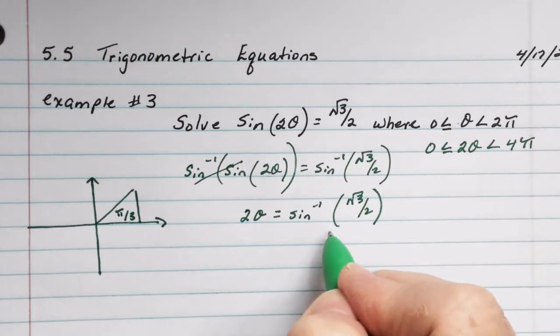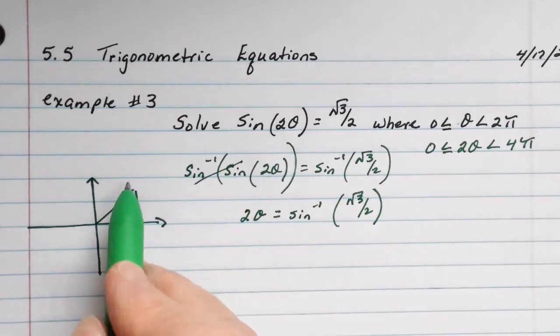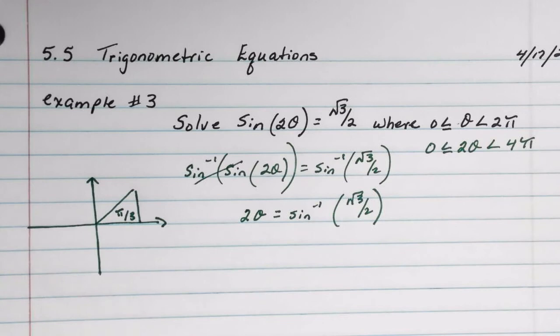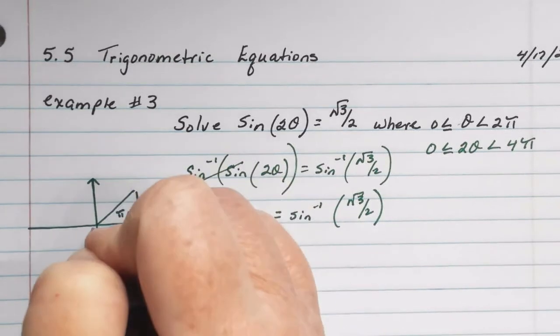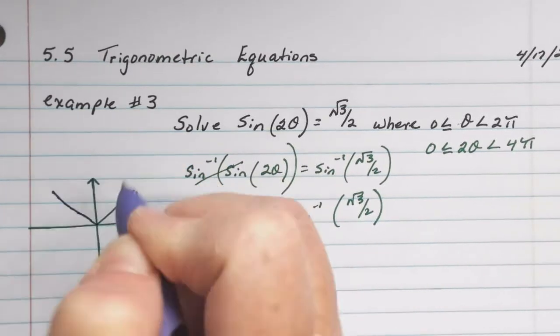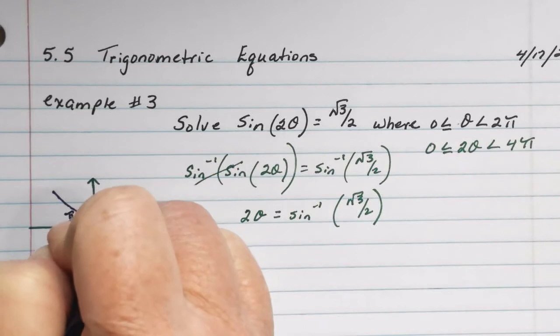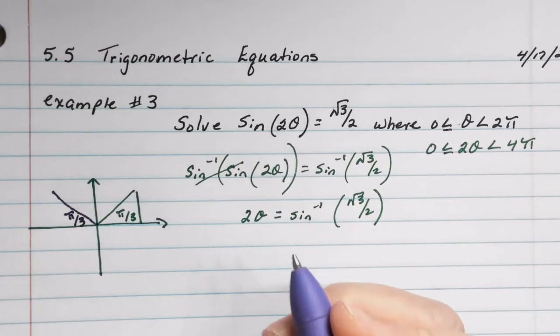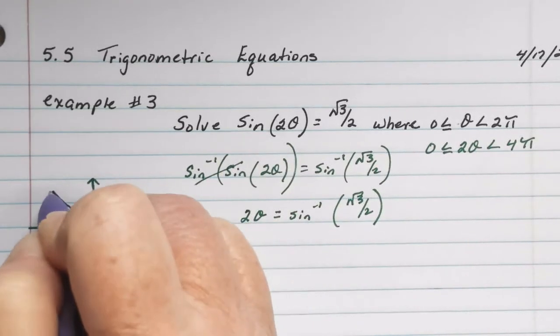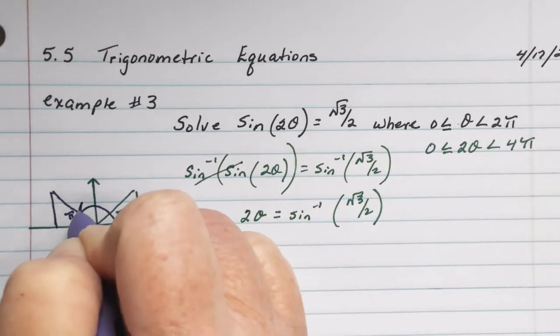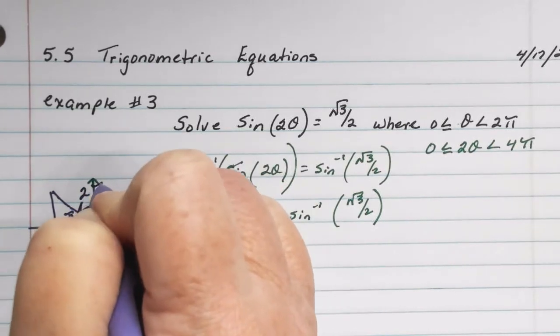But we also know that the sine is positive in quadrant 2. So we're going to need another solution that has the same reference angle. The reference angle for the angle in quadrant 2 is pi over 3, but the angle itself is 2 pi over 3.